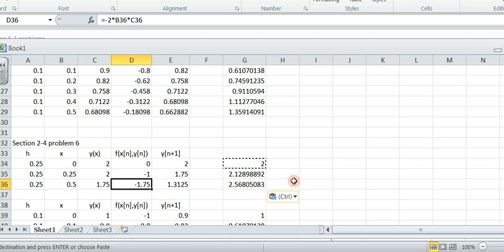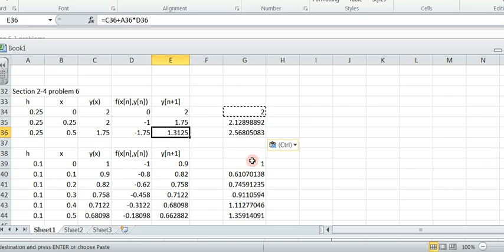Well, I don't see anything wrong. Y plus h times the function. Okay, yeah, looking good. All right, moving down, correcting this guy.